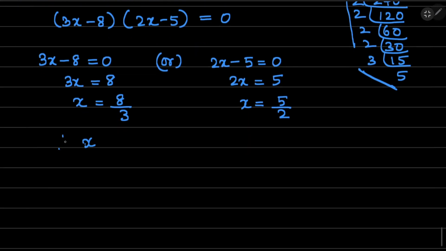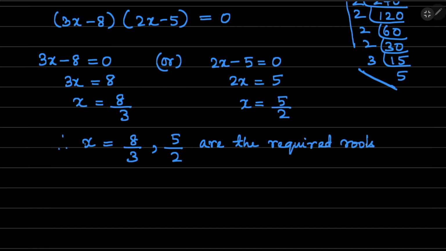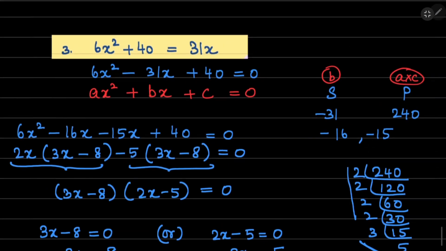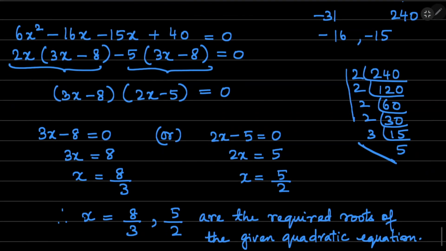So therefore you can write x is equal to 8 by 3 and 5 by 2 are the required roots of the given quadratic equation. That's all. This is your final answer. Okay, hope you understood.